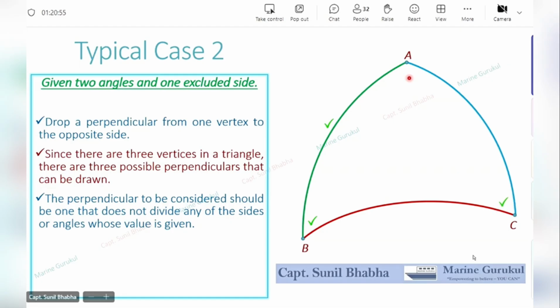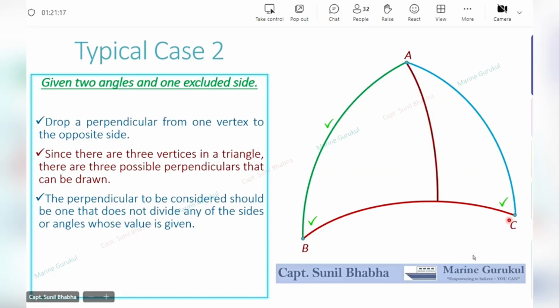And if I pick angle Alpha, angle Alpha is unknown, and the side Bravo Charlie where I drop the perpendicular is also unknown. So this perpendicular should be considered, where both the vertex and the side it joins are unknown.